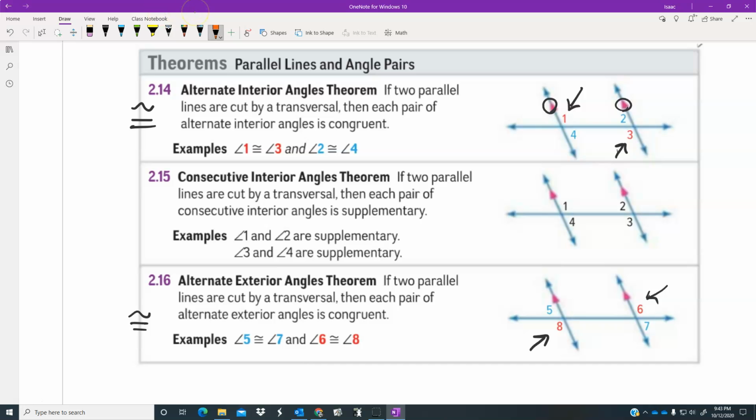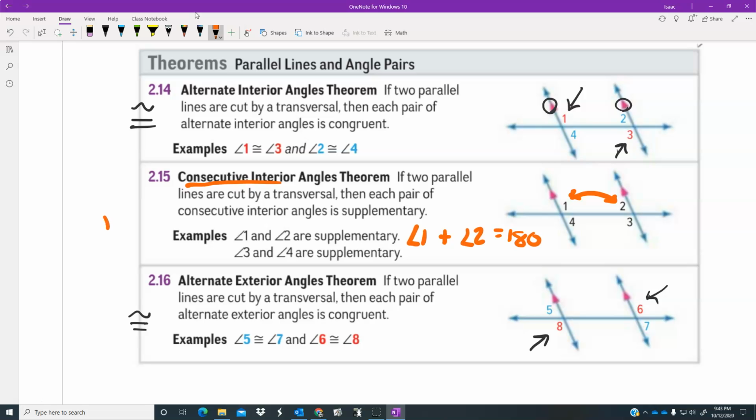Now, the reason why I skipped the one in the middle is because the consecutive interior one happens to be like 1 and 2. Now, there is no way that this one, which is obtuse, and that one, which is acute, are exactly the same size. No way, okay? But what you can say is that angle 1 and angle 2, they add to equal 180.